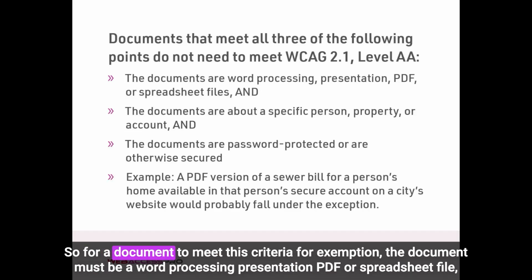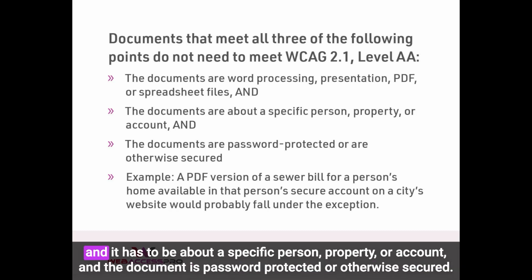So for a document to meet this criteria for exemption, the document must be a word processing, presentation, PDF, or spreadsheet file, and it has to be about a specific person, property, or account, and the document is password protected or otherwise secured.